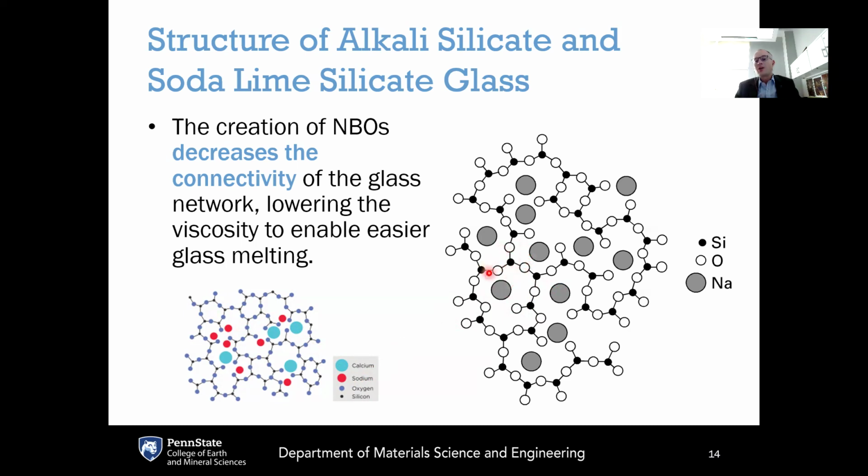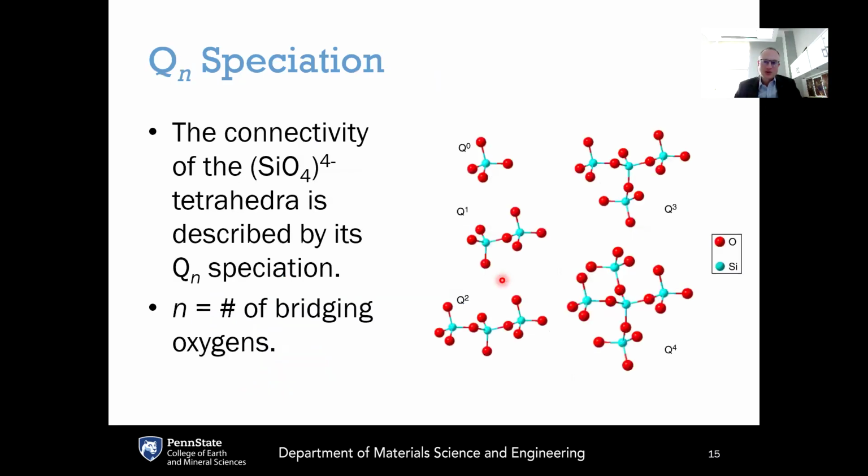So instead of having all four corners of the silica tetrahedra shared, now for a large fraction of these, only 3 out of the 4 corners are shared, enabling greater flow. And the more modifiers you add to the glass network, the more that breaks up the connectivity of the network because you're forming more and more non-bridging oxygens.